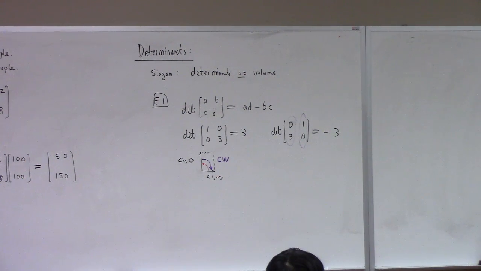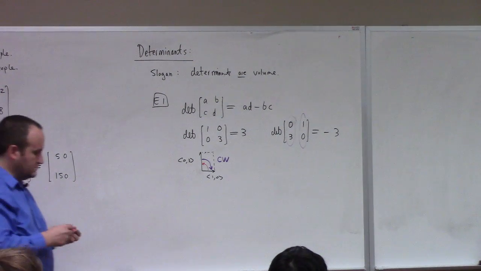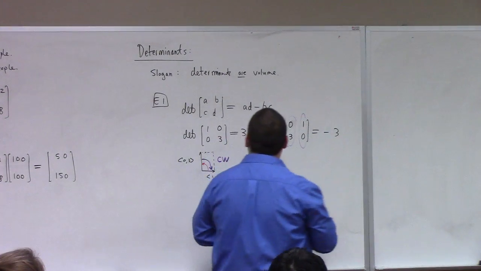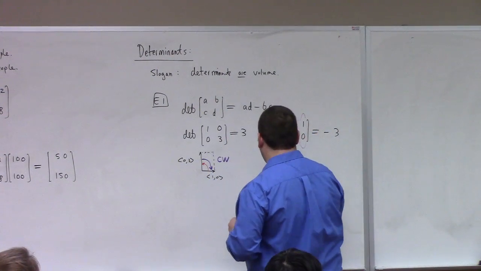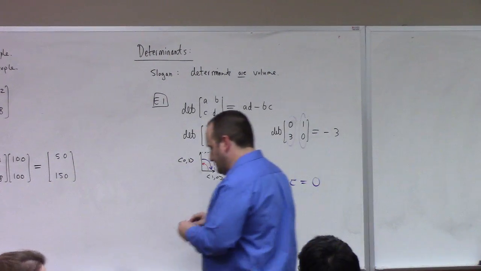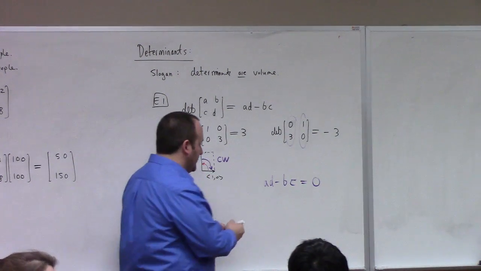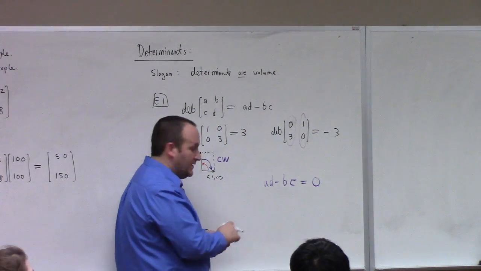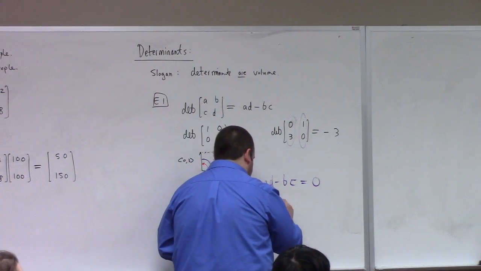What does it mean if there's 0? If this is equal to 0, what do you get? If AD minus BC is equal to 0, what does that tell you? Let's suppose that AD minus BC is equal to 0, and let's suppose that D is not equal to 0. What's that say about A?